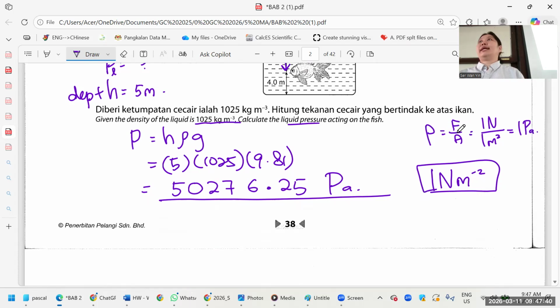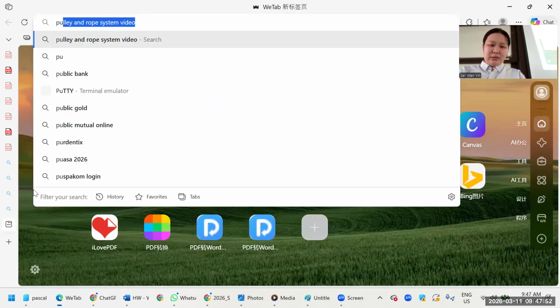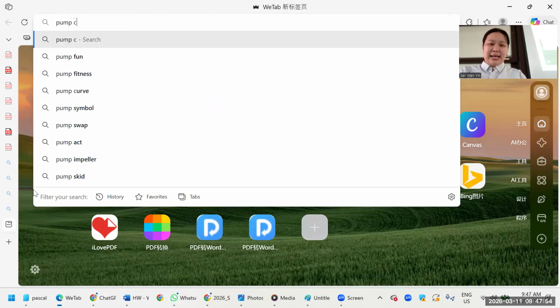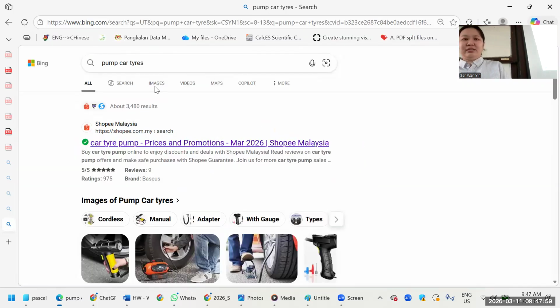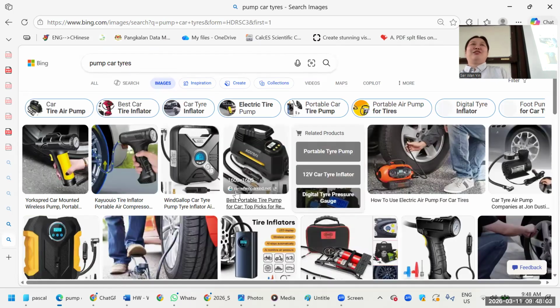So where else can you see kilopascal in your real daily life? Do you pump your parents' car tire? Oh, you all help out. Very good. Bicycle. Wow.